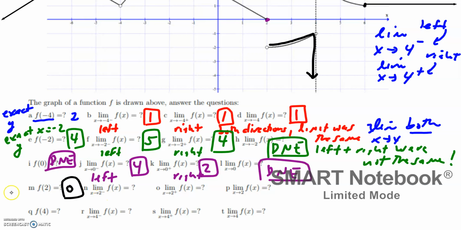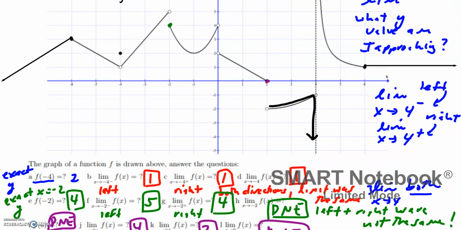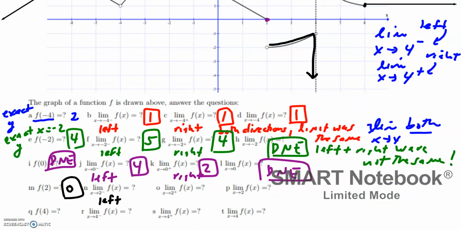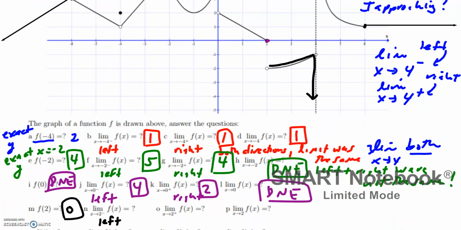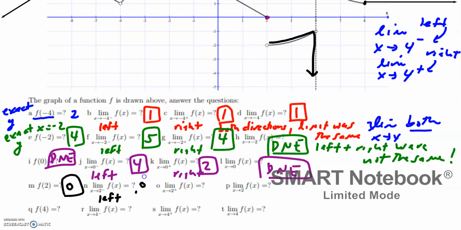The limit as x approaches 2 from the left side. So if we take a look at this line, and we're looking from the left, the graph goes up, parabola, then going towards 2, the y value is 0 from the left. So we're approaching 0 from the left side.